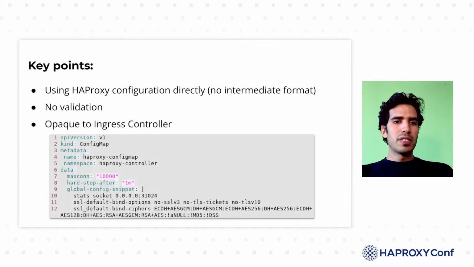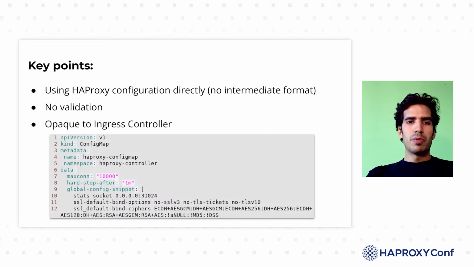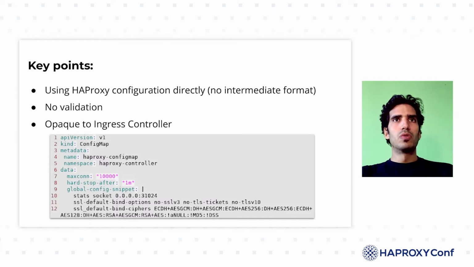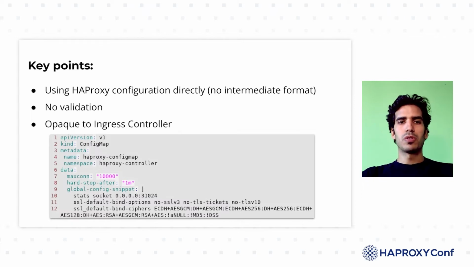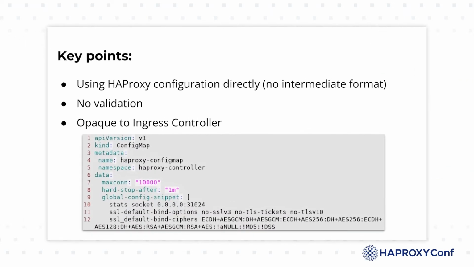To sum up, the main benefit of this type of input is that you can use raw HAProxy configuration with no intermediate format. However, this is completely opaque to the controller, which means no input validation is done, and the controller is not processing raw configuration, so it's not aware of how we are configuring HAProxy.